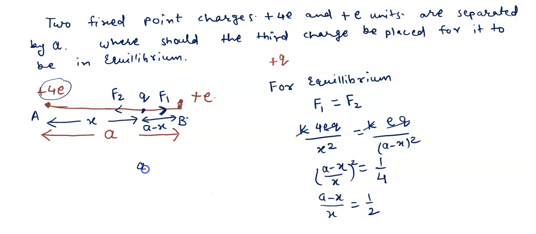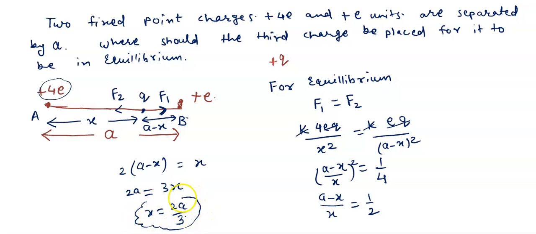Or you can write (A minus X) into 2 is equal to X. Twice A is equal to thrice X. X is equal to 2A by 3. So this distance should be 2A by 3. Okay, so it should be kept at a distance 2A by 3 so that equilibrium can be achieved.